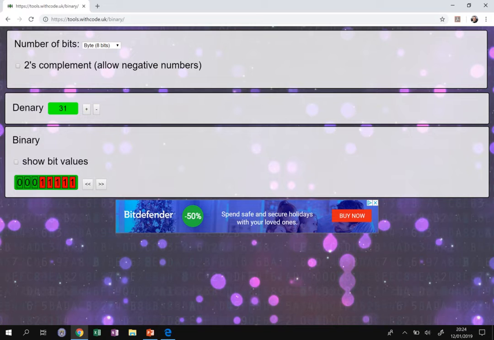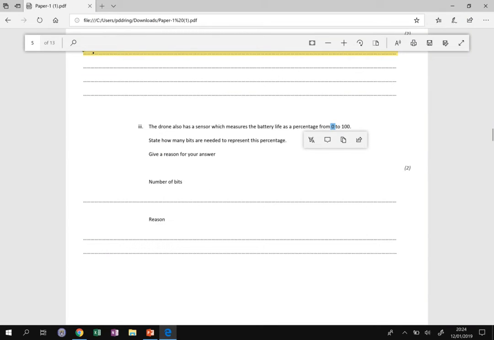We've got 5 bits, the biggest number we can store is 32 minus 1, 2 to the power 5 minus 1. If we've got 6 bits, then the biggest number we can store is 63, 64 minus 1, 2 to the power 6 minus 1. Or if we've got 7 bits, we can store a number up to 127. So we need 7 bits to store a number that can be up to 100 here.